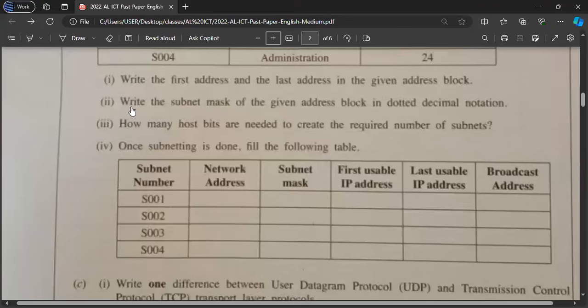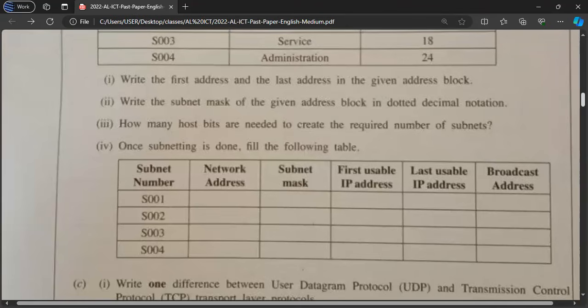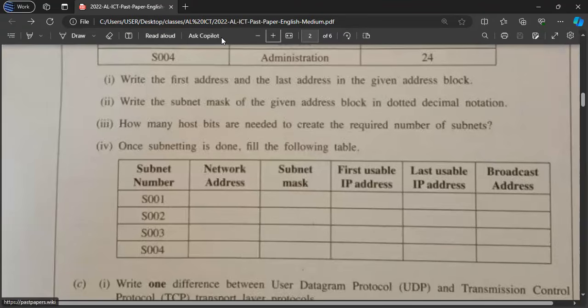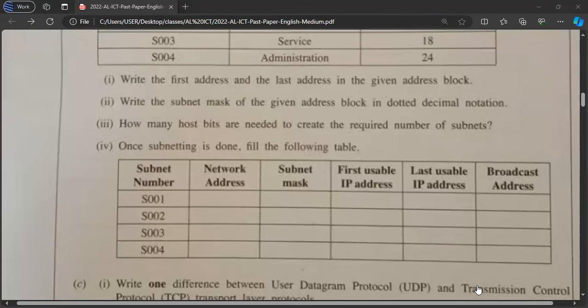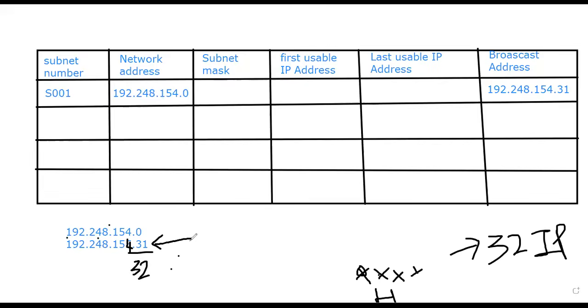Now before this, when it comes to the question, write the subnet mask of the given address block in dotted decimal notation. You had already found a subnet mask, but that is for the given address block. Now after subnetting, the subnet mask is not the same. Now it has become different. We knew that we had 5 host bits. Out of these 5 host bits, 2 to the power 5, 32, came. 32 IP addresses are possible.